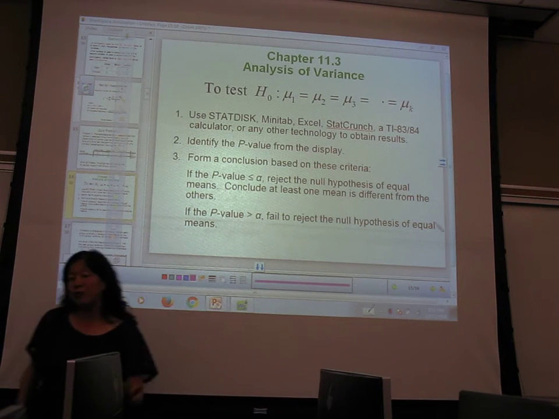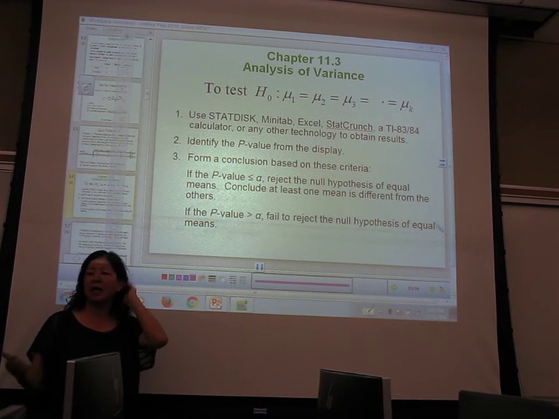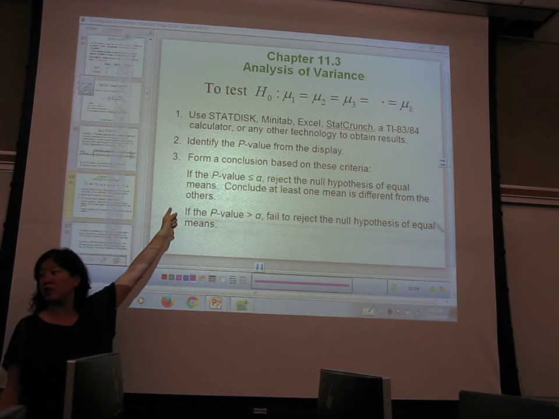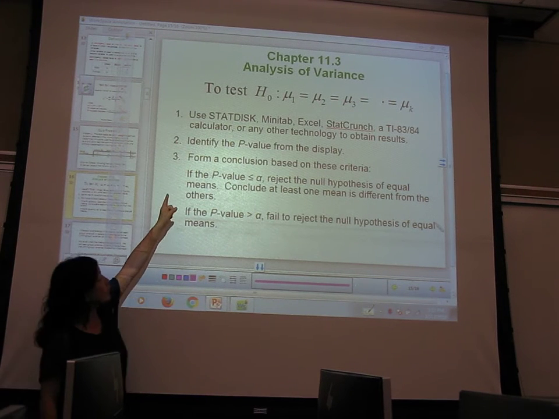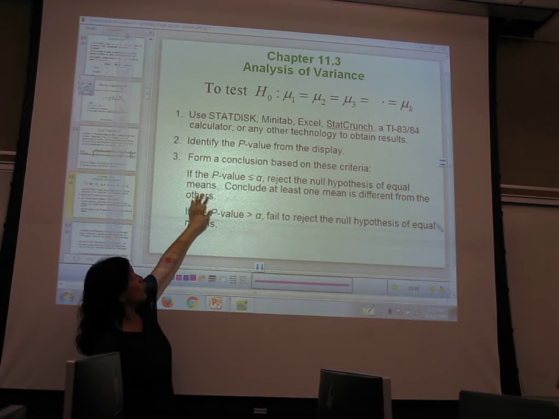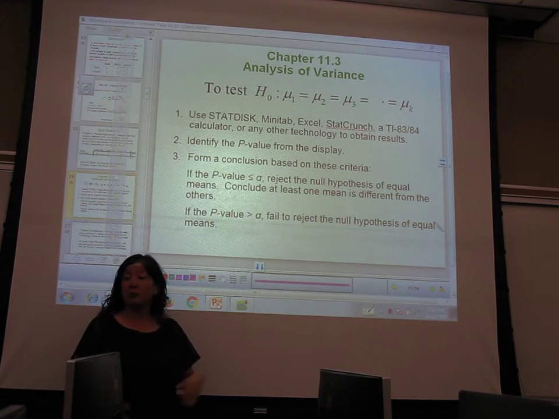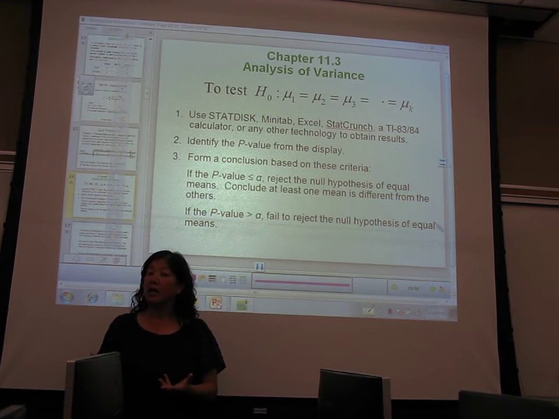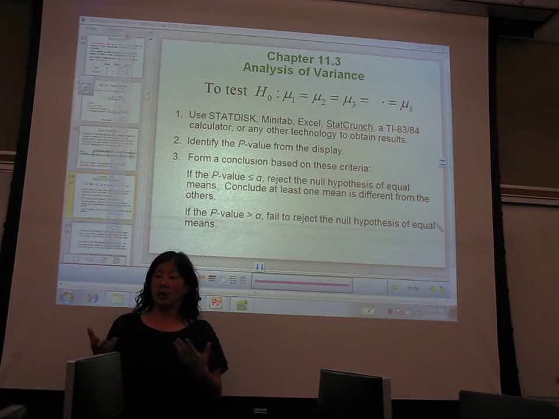Write down the F value too, because theoretically, if we had that table, we'd use the F value. But here we're going to use the p-value because it's another table. You guys don't need another table just for one section. Remember the p-value represents the probability of getting a sample like yours.